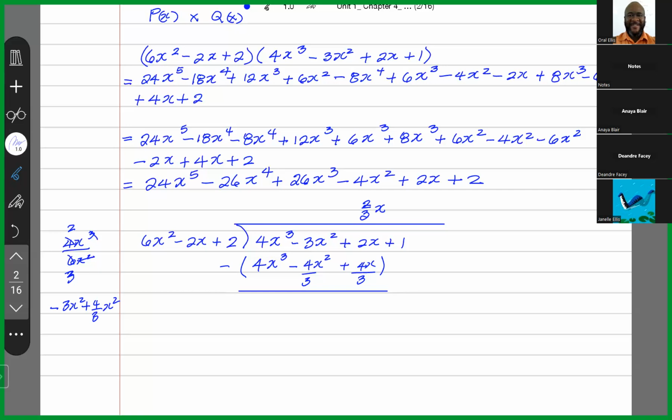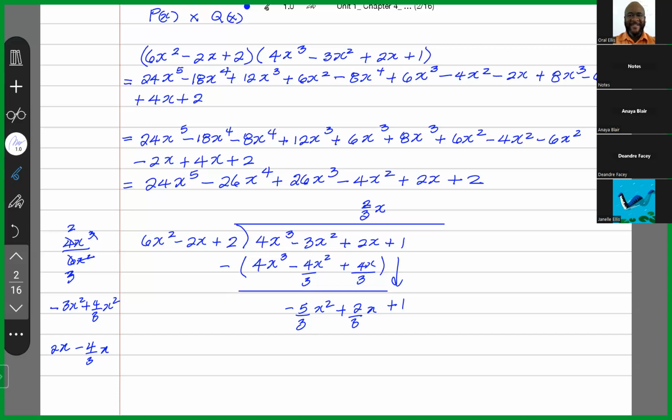That would be minus 5 over 3x squared. And subtracting, we have 2x minus 4 over 3x, and we get positive 2 over 3x. And we bring down the 1.